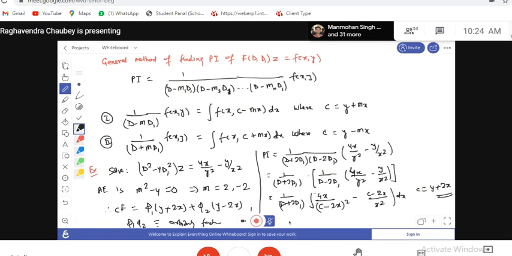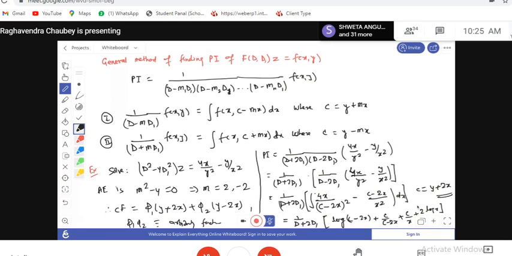So this equals 1 over D plus 2D1, and if we integrate this term, this is basically log of c minus 2x, plus c over x, c minus 2x plus c over x plus 2 log x. So if you integrate term by term, you get this.